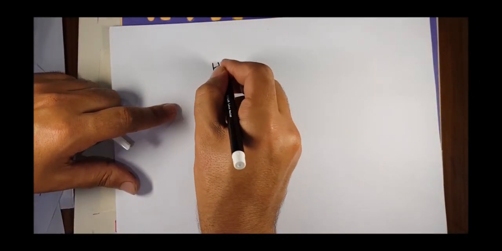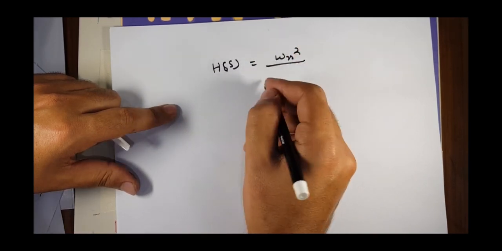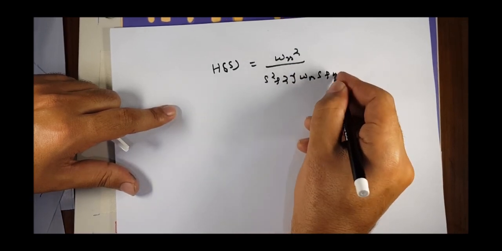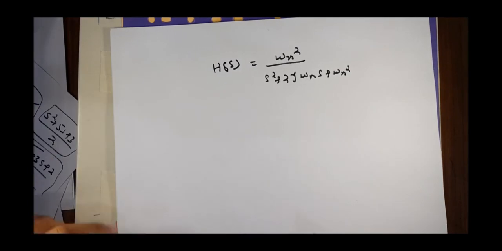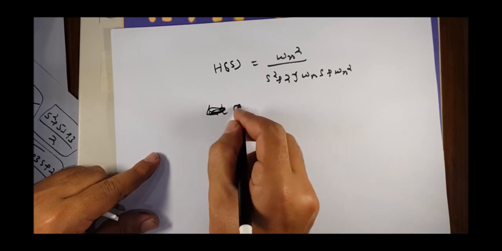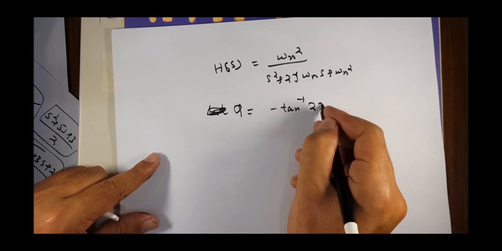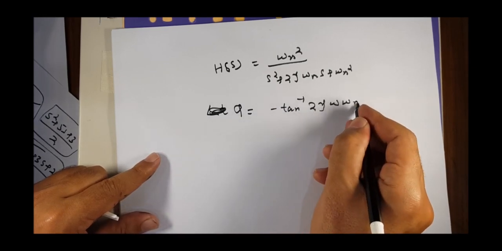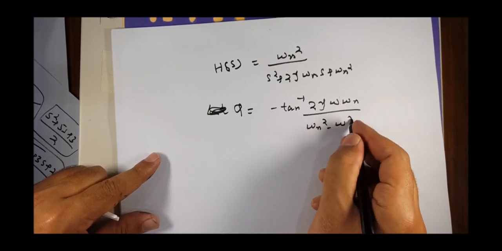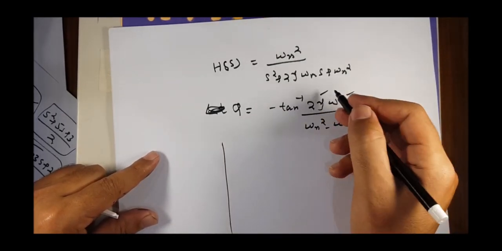If you have H(s) equal to omega n squared over s squared plus 2 zeta omega n s plus omega n squared, then you just need to remember that the phase of H(j omega) will be minus tan inverse of 2 zeta omega omega n over omega n squared minus omega squared. And you simply need to find out what omega n is and what zeta is.